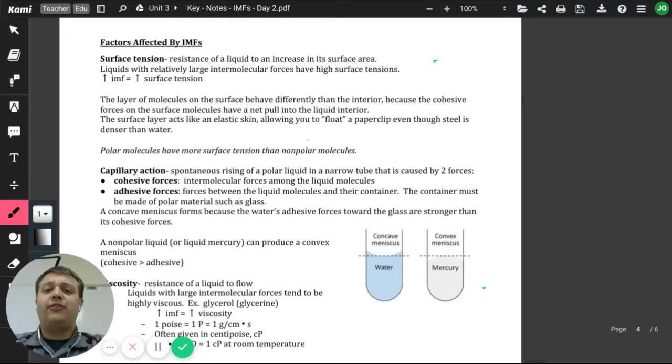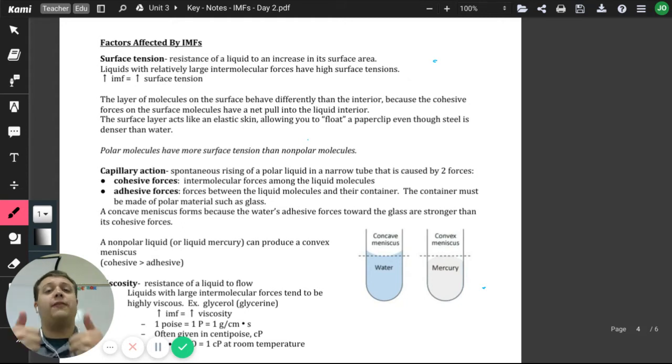Now, this does follow the trend of, the stronger your IMF, the higher your surface tension. Now, why would that make sense? Well, it makes sense because if I've got a stronger force between those two molecules, that surface tension is going to be higher because it's going to take more to break that force that's holding those two molecules together.